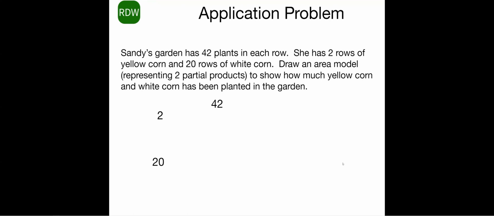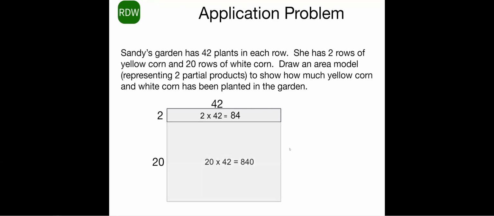Two rows of yellow corn would be 2 times 42, which equals 84. 2 times 2 is 4. 2 times 4 is 8. And then we would multiply 20 times 42. So she had 84 yellow corn plants and 840 white corn plants.